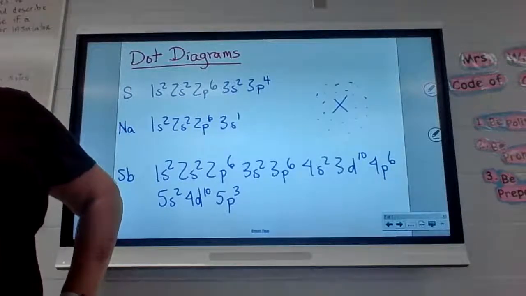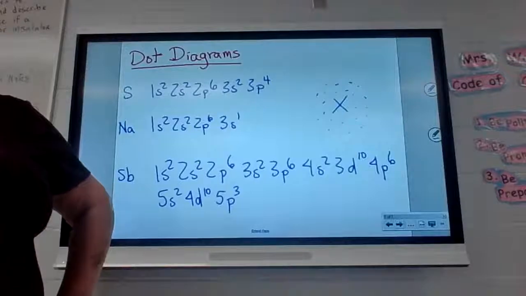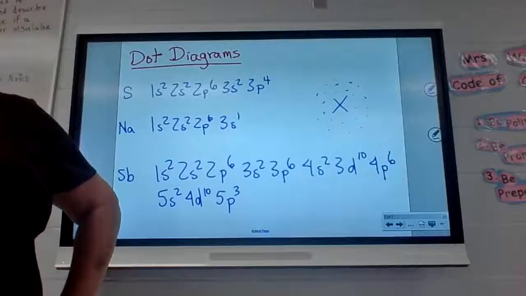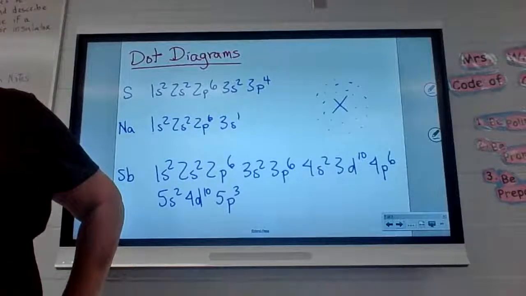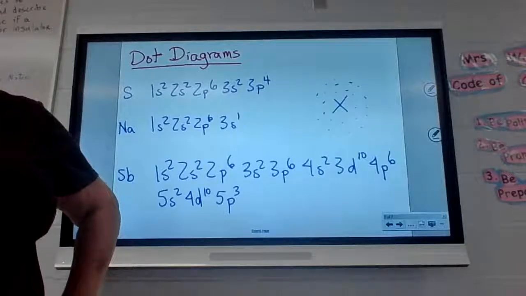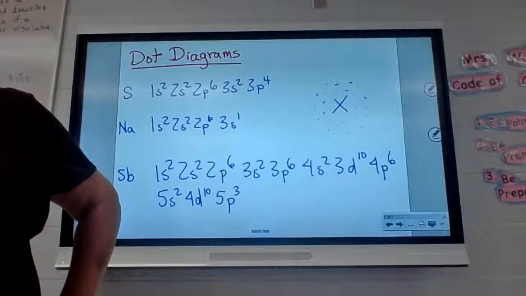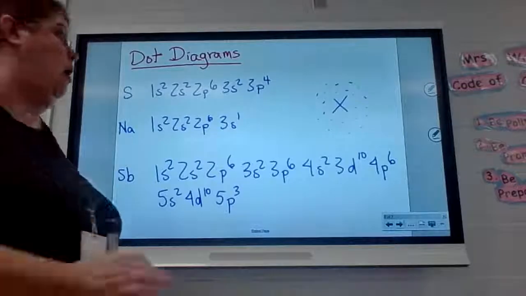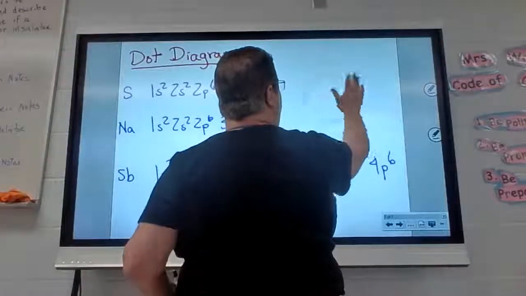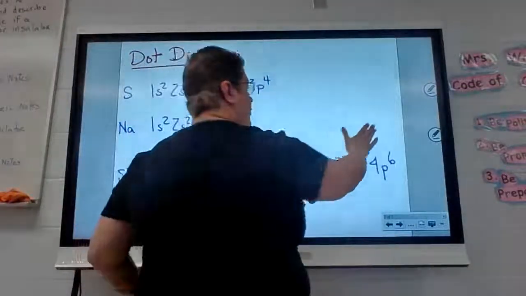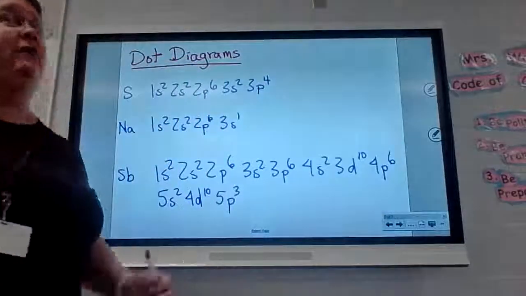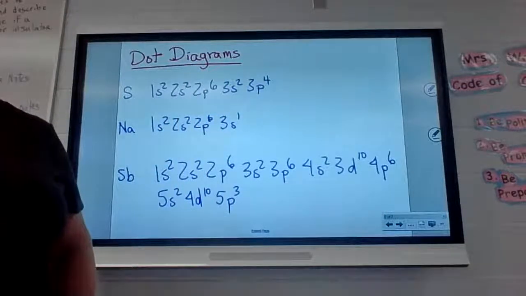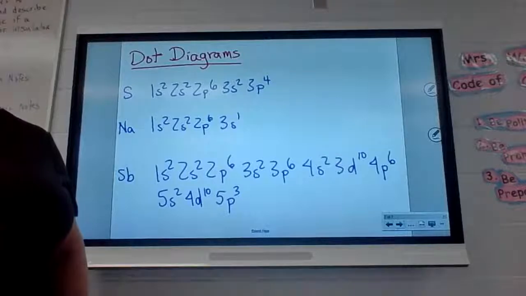I'm like, can you believe I taught this stuff for 2 days, and people gave me this? How many dots did I just tell you we could have maximum? If you don't know the answer, at least guess between 1 and 8. Do not draw rings of dots when I have just told you the answer has to be between 1 and 8. Even if you don't know, guess somewhere between 1 and 8. Don't draw me 25 dots around that in a circle.